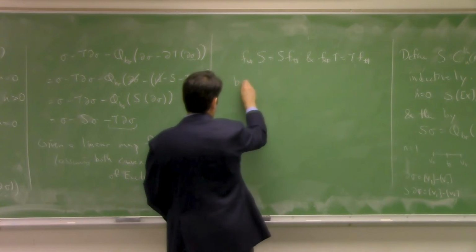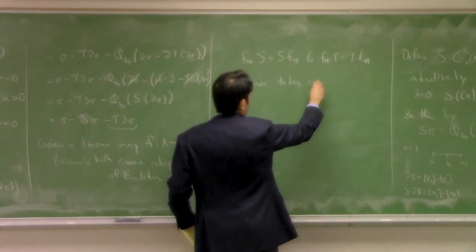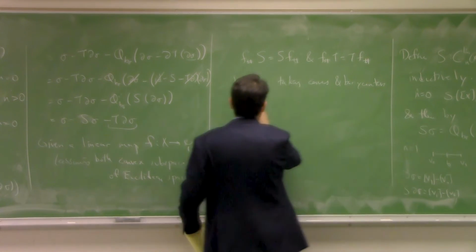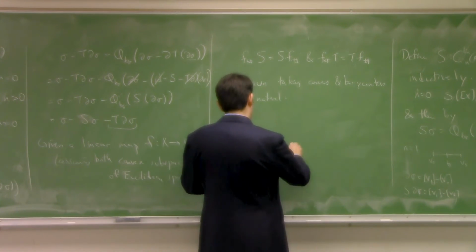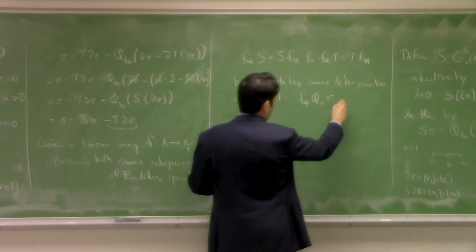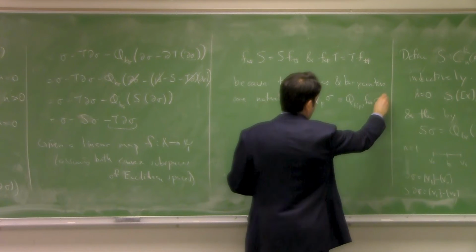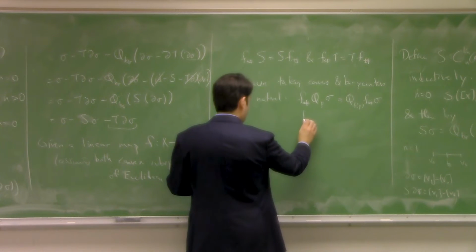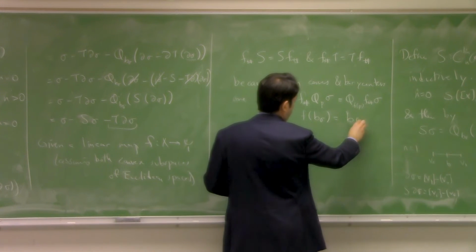This is because taking cones and barycenters are natural. Meaning specifically that if you do f sharp of q p of sigma, you get q f of p f sharp sigma. And if you do f of b sigma, that is the barycenter of f sharp sigma.